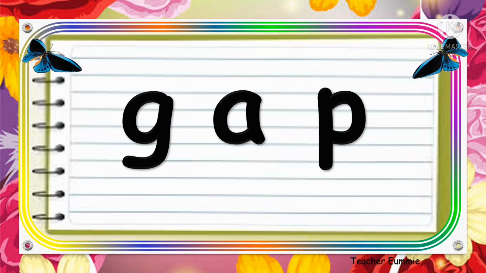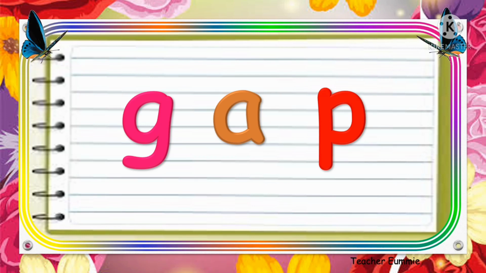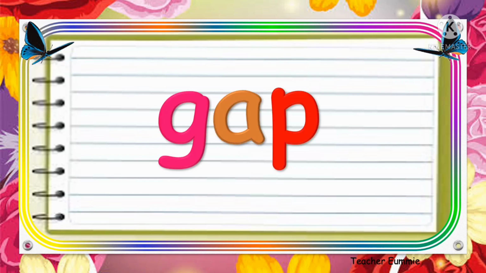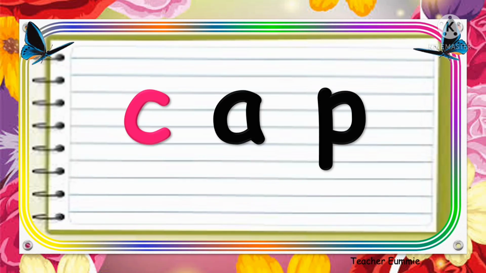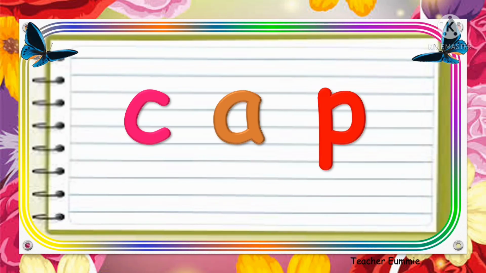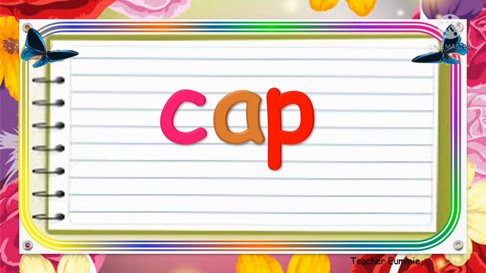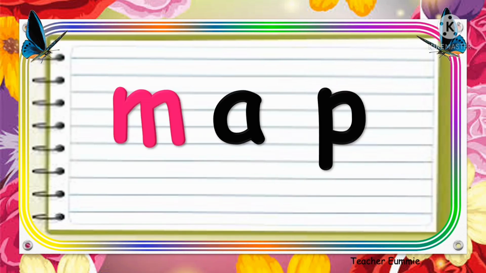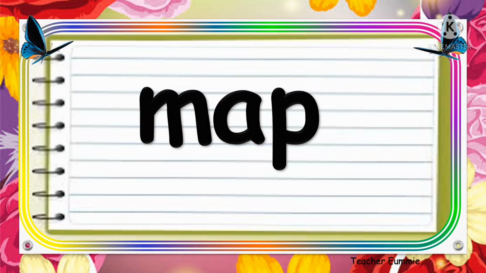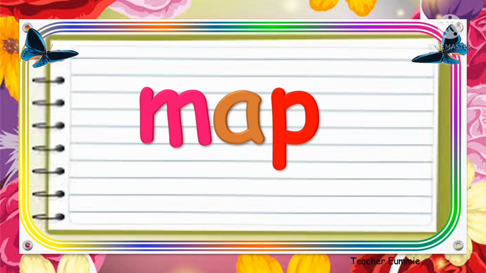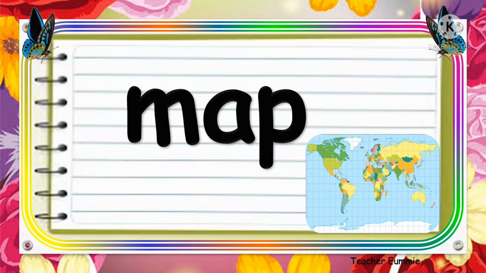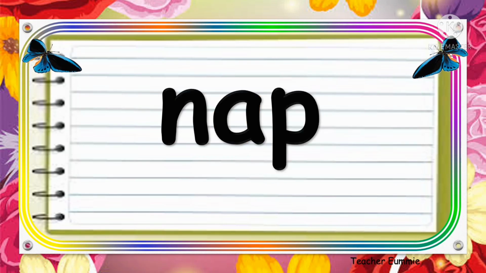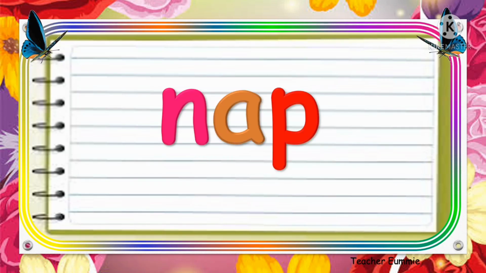Okay, let's read together. G, a, p, gap. C, a, p, cap. M, a, p, map. N, a, p, nap.